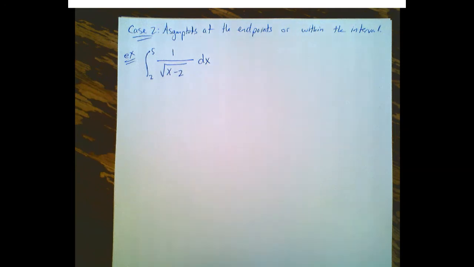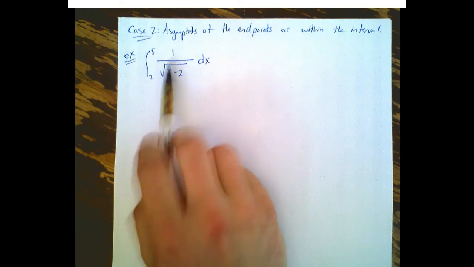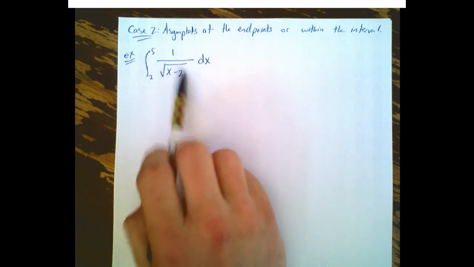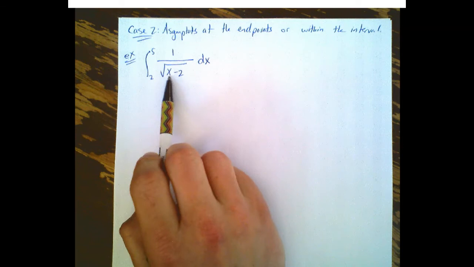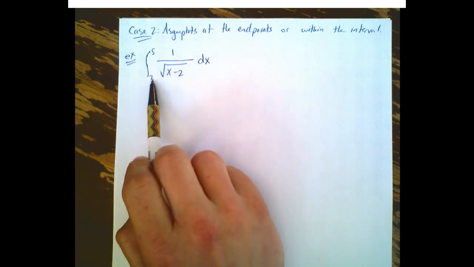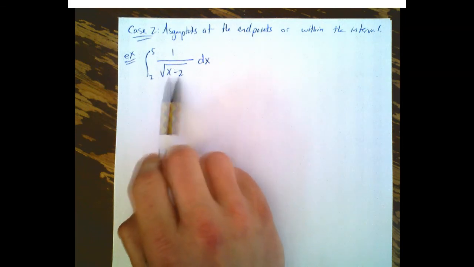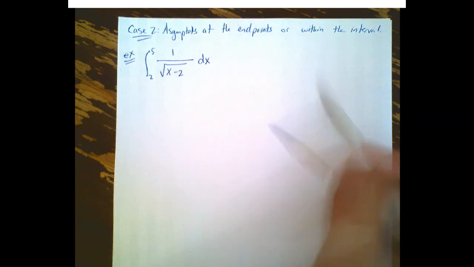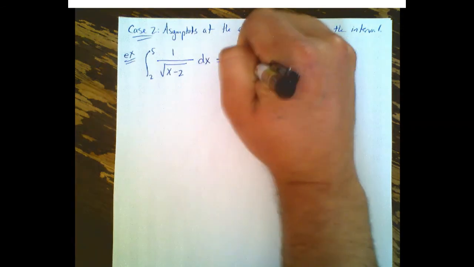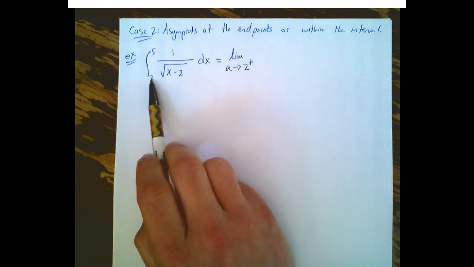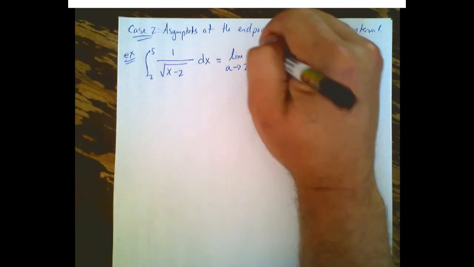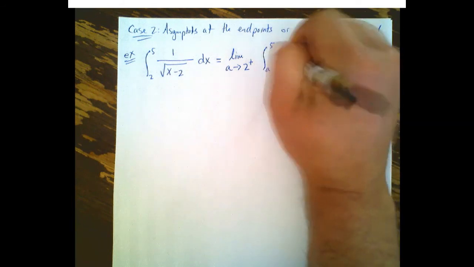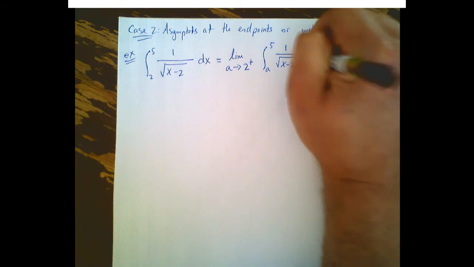Alright, so what we're doing here, if we notice, this is improper because the function has an asymptote at the lower endpoint here, 2. So what we can do is rewrite this using a limit. Let's say the limit as a goes to 2 from the right. Okay, so this is the lower endpoint, so we need to approach from the right. Of the integral from a to 5 of 1 over the square root of x minus 2 dx.